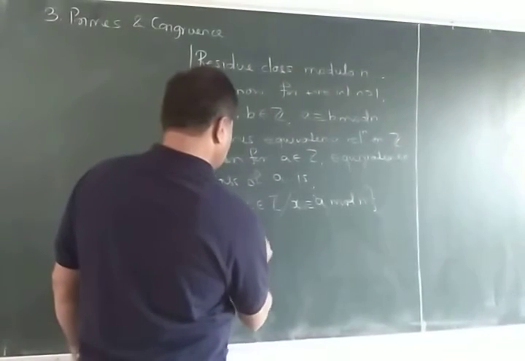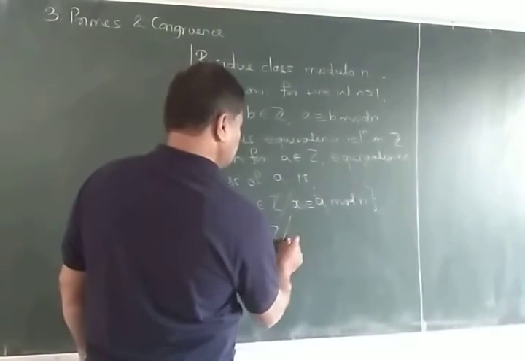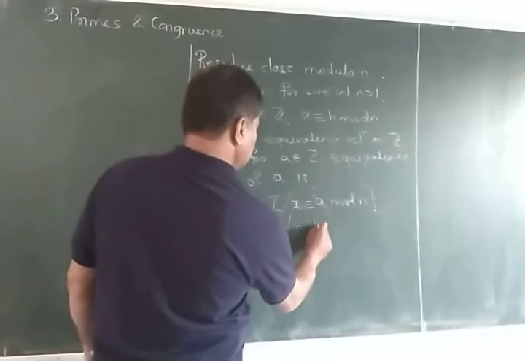What is this? This is the set of x belonging to Z such that n divides x minus a.